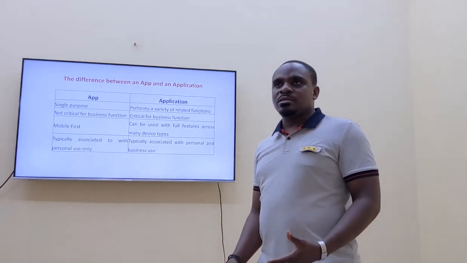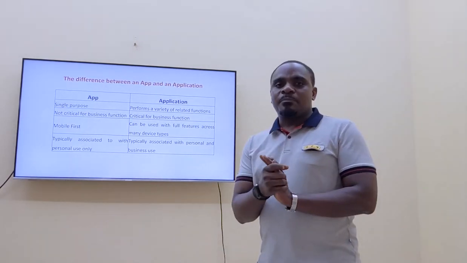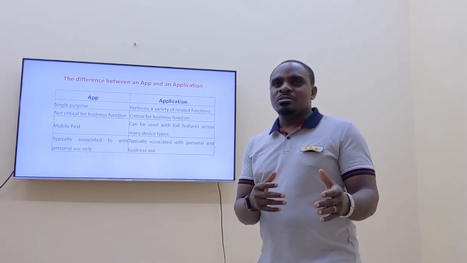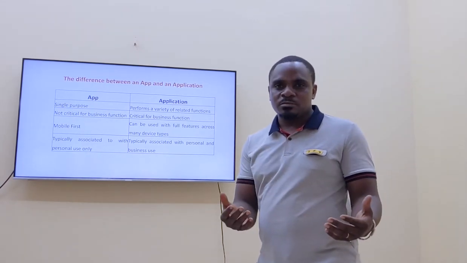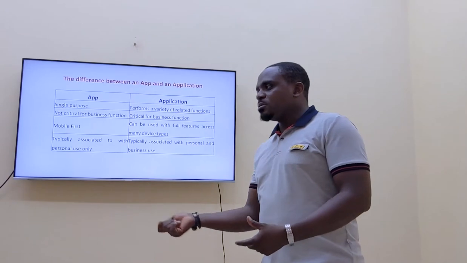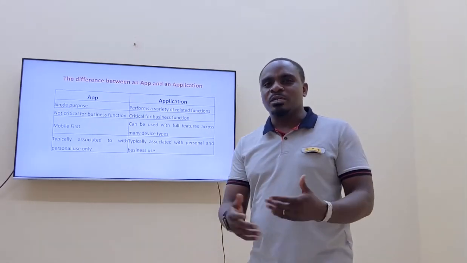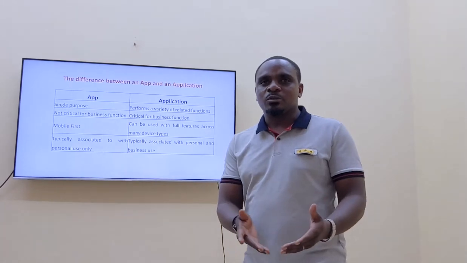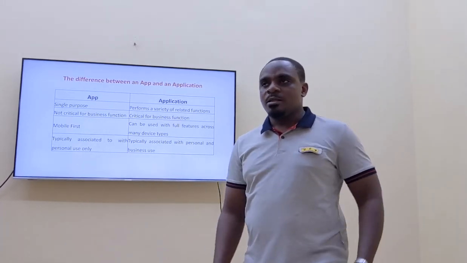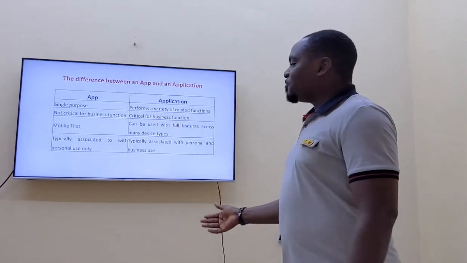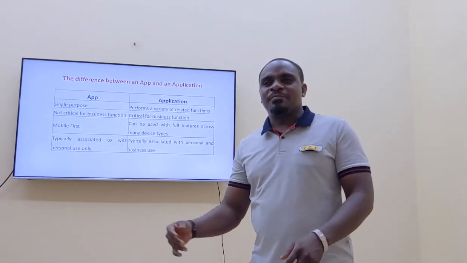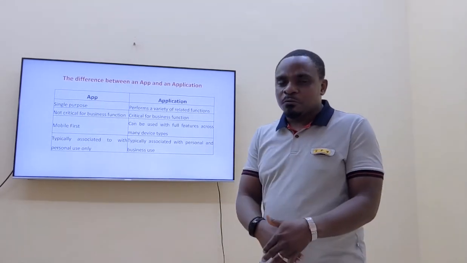For instance, your Facebook app only does the part of communication, where you post things, get in touch with people, and have people communicate via that particular social platform. But an application, for instance, can have that as an added feature.